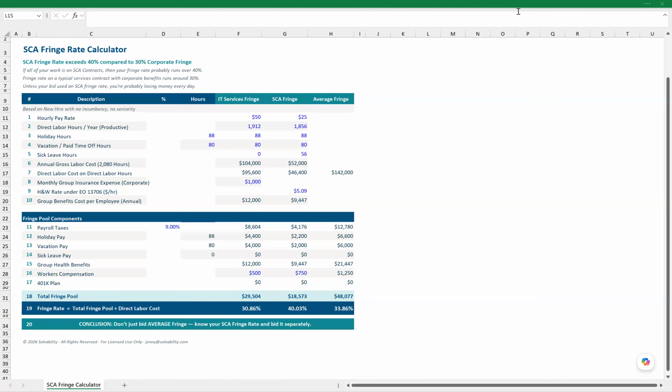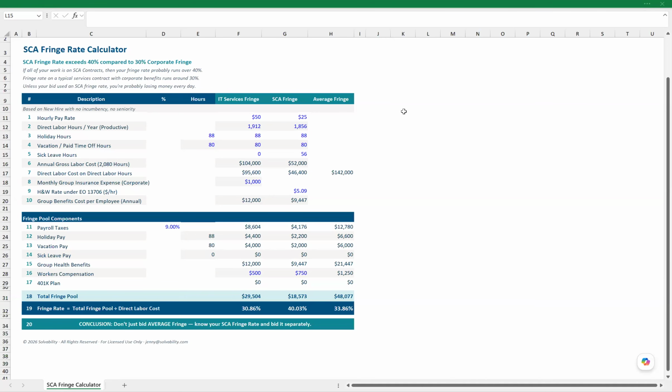Well, while we're talking about it, why don't you briefly explain what the rules are on the Service Contract Act and why it matters? Sure. So the rules first are regarding the wage rates. SCA requires an enforceable wage rate for every job classification on the contract.